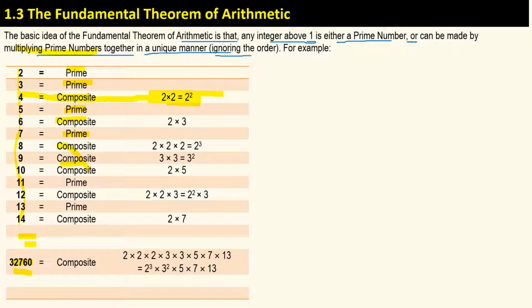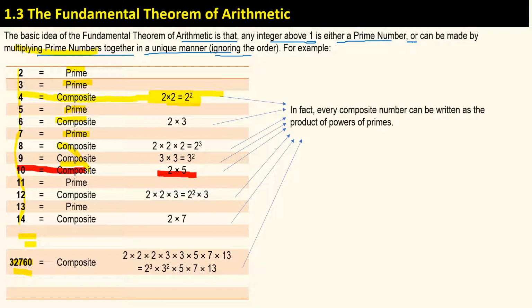Similarly, let's take another composite number, 10, which is formed by the multiplication of 2 and 5. Again 2 and 5 are prime numbers. In fact, as this basic idea says, every composite number can be written as a product of powers of prime numbers.